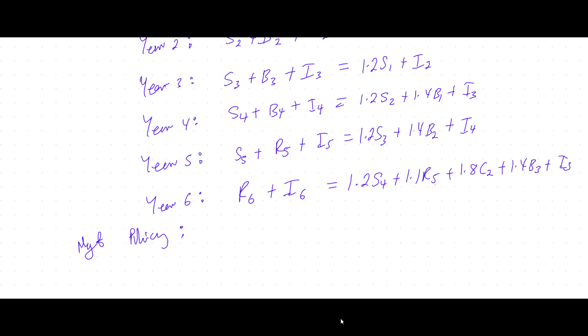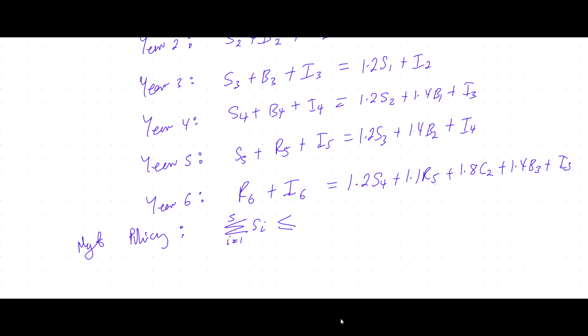So the summation of total amount in stocks, which is from S1 to 5, cannot exceed, meaning it's less than or equal to 30% of the total investment.